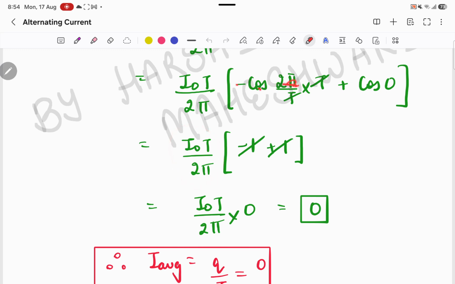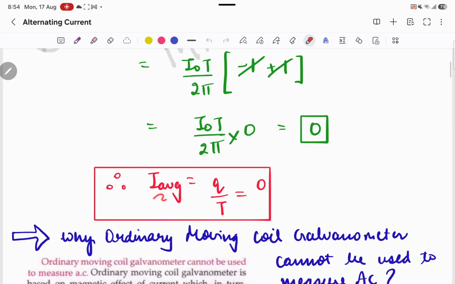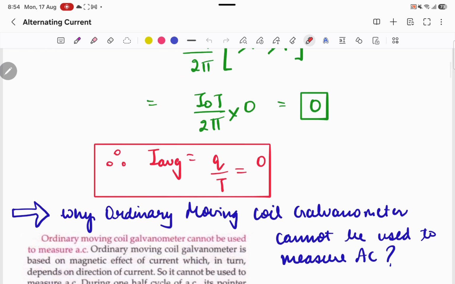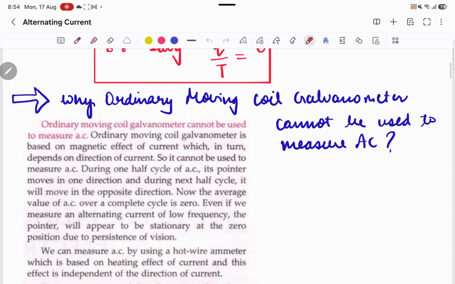Cos 2 pi is always 1, and cos 0 is 1. So it will be getting deducted and getting 0. So 0 multiplied by anything will be giving us the answer 0. So from here I got that the average value of the current which was written with q by t is always 0. Okay. Now you can note down this derivation by pausing the video.